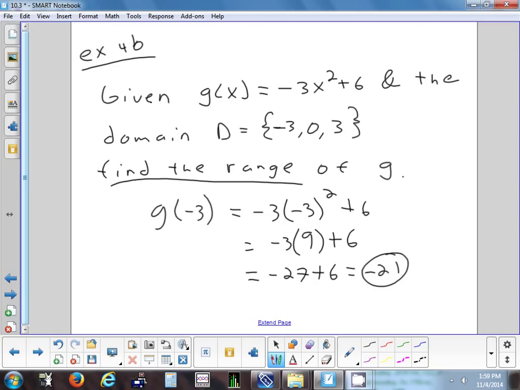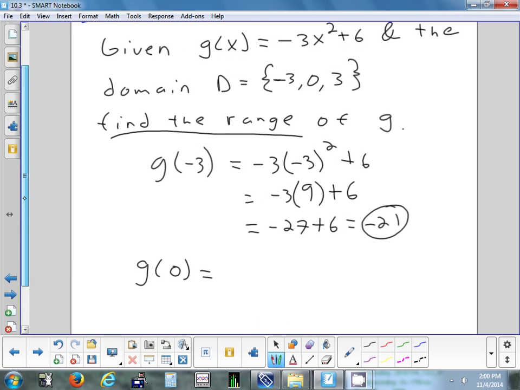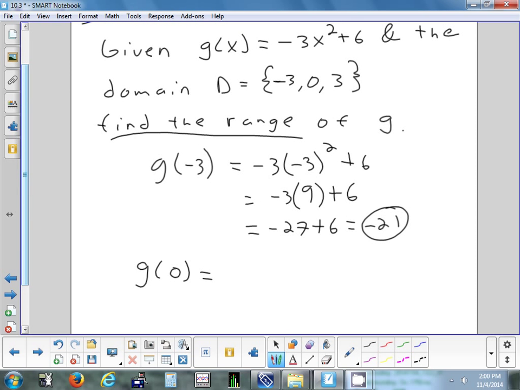How about William, what value you want to do next? 0. Okay, Isaiah, tell me how to do 0. How do I plug in 0? So we got negative 3, 0. Exponents. Okay, guys, I need everybody's attention up here.